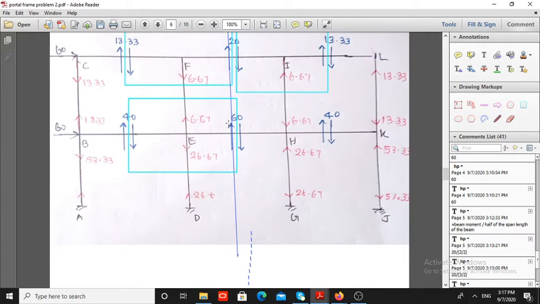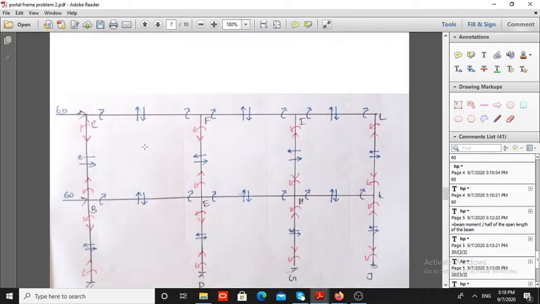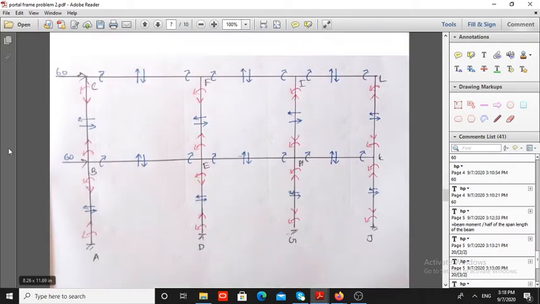So total upward force should be equal to total downward force. Therefore 66.67 minus 40 minus 26.67 is equal to 0. Similarly here also, find all the column axial forces this way. Next, mark all these values. In the exam you can show all these without any steps.